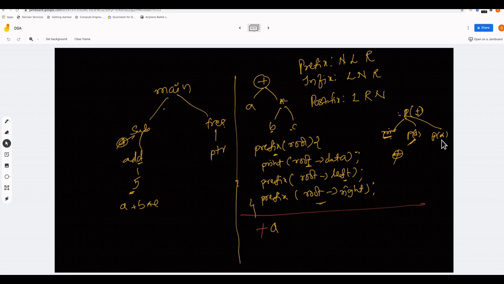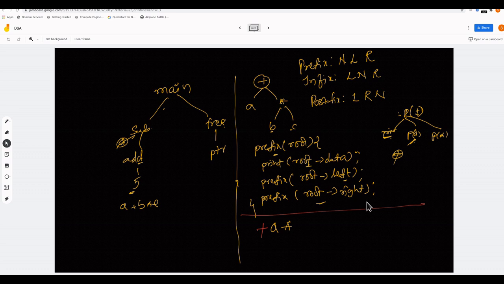So now it needs to evaluate p of star. So p of star is called, and obviously it prints star, because it gets into this prefix function, and print is the first statement, print of root dot data, which means star.